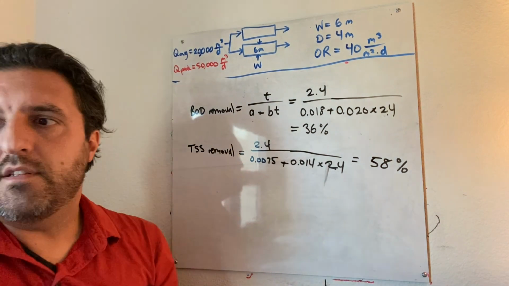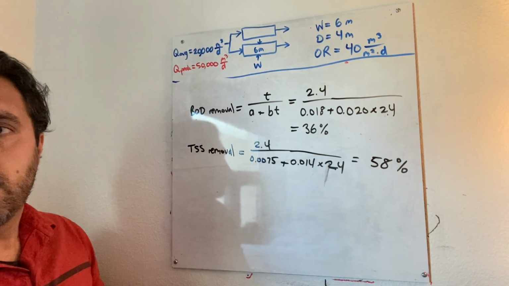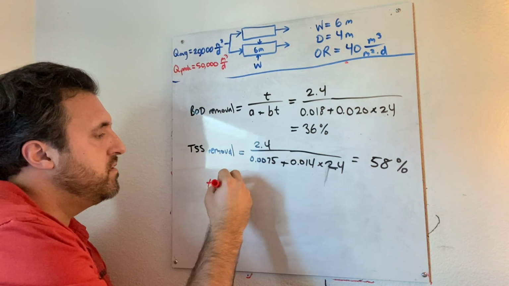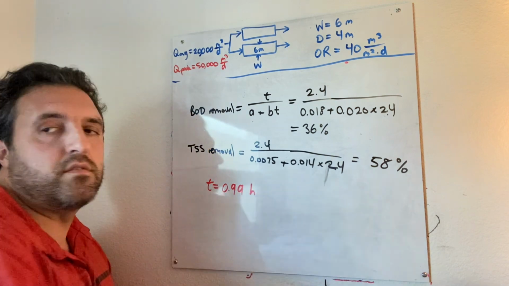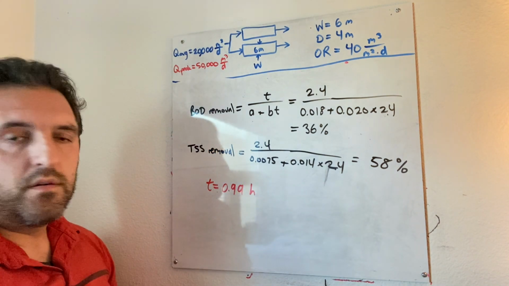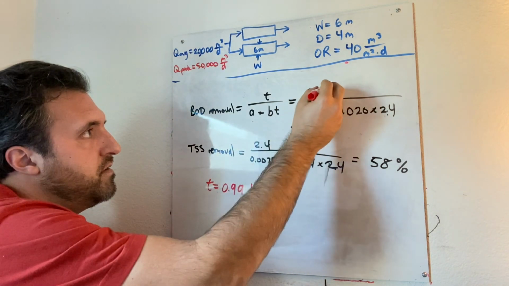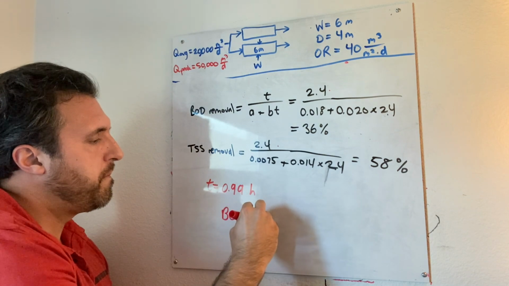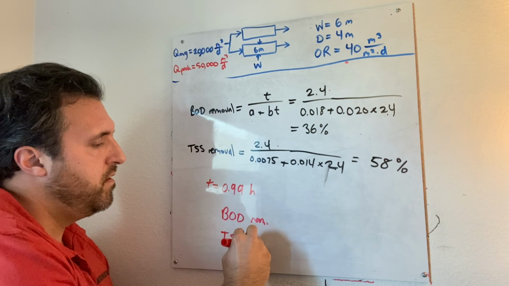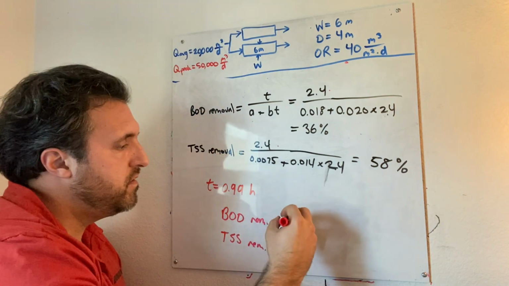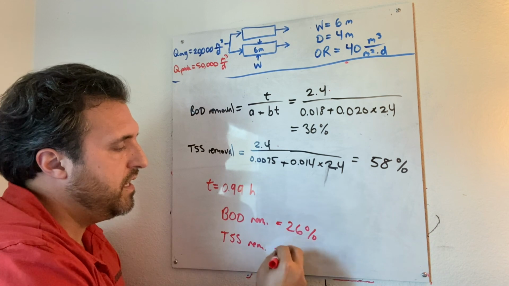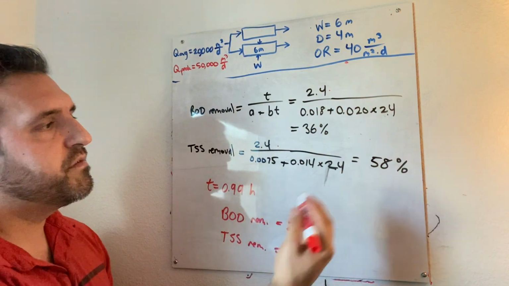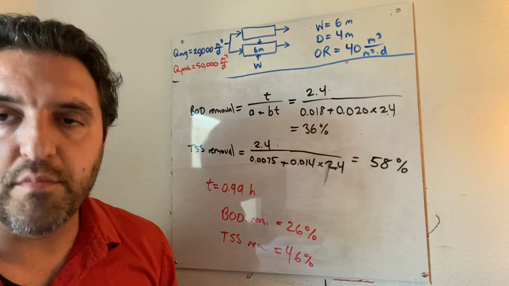Under peak flow conditions, our retention time was reduced to about 0.99 hours. And so if we plug that into this equation and this equation, we're going to get a BOD removal of 26% and a TSS removal of 46% approximately. All right, so it gives you a rough idea of what to expect in terms of the percent removal of those constituents.